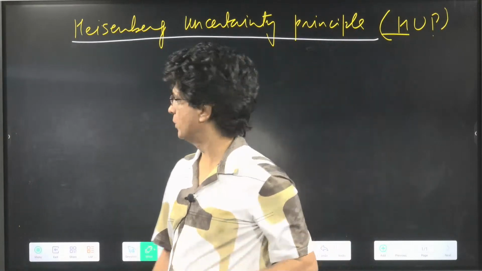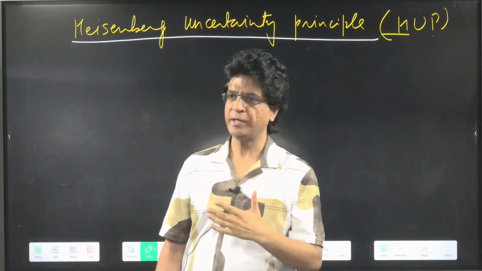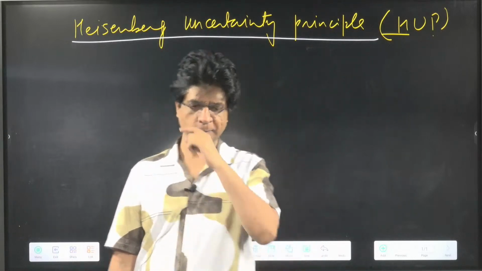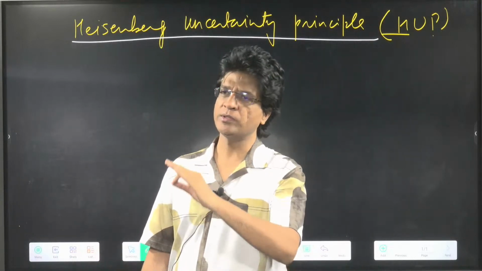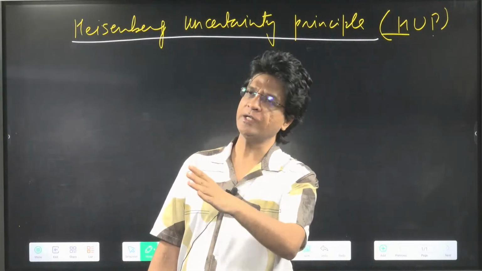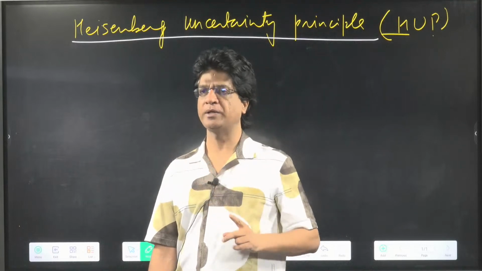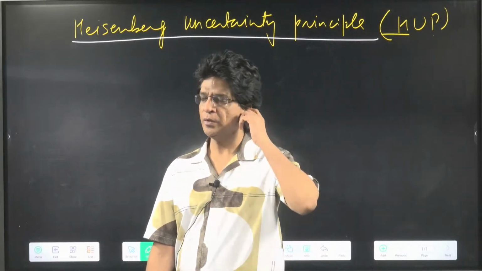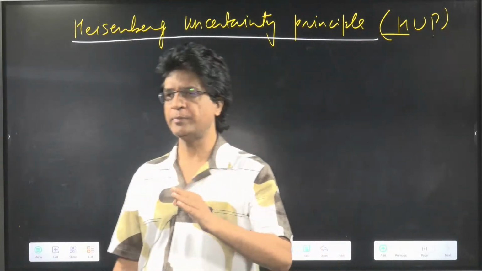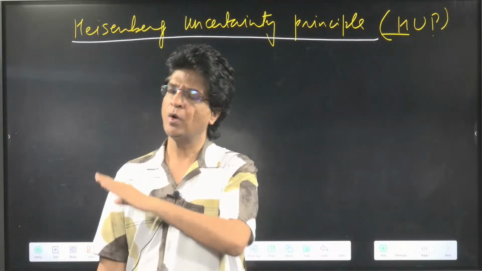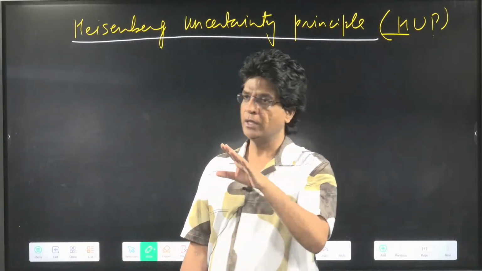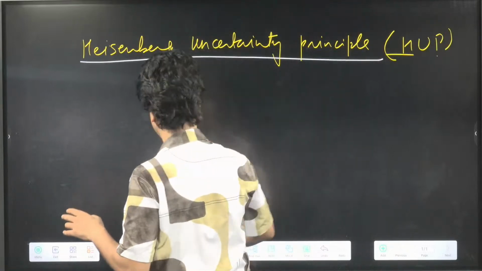Okay. So the statement given by Heisenberg is that we cannot find out simultaneously the exact position and exact momentum of any subatomic particle. Are you getting that? The keyword is subatomic particle.